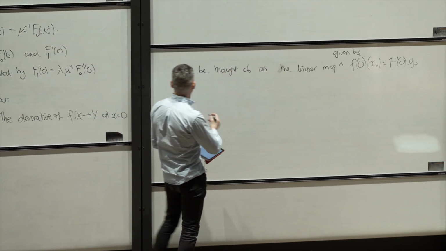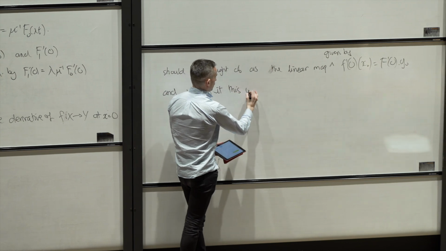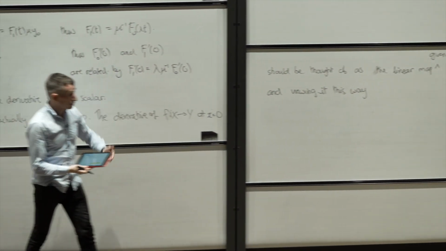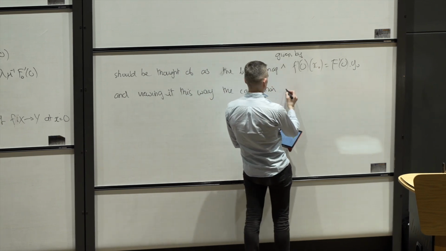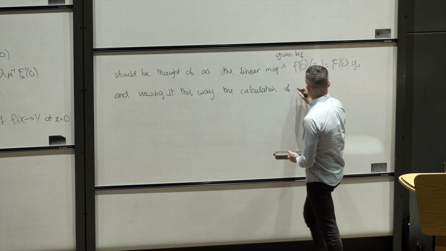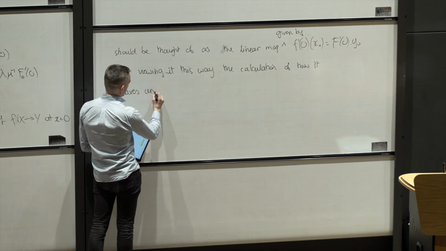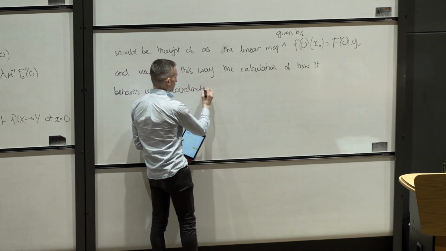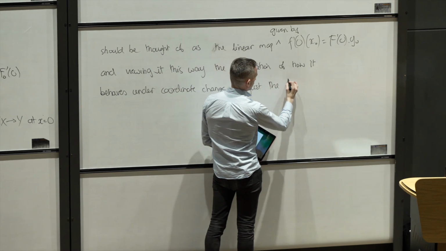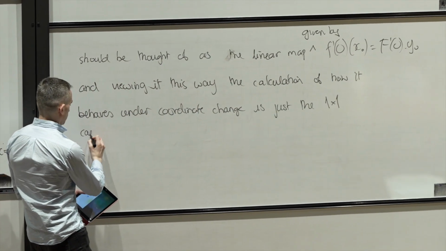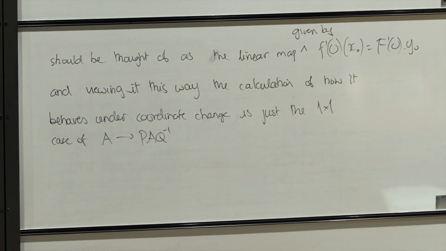Okay, and if you think of viewing it this way, this calculation that we did of how it behaves when you change coordinates is just the 1-by-1 case of, if you like, A goes to PAQ inverse.